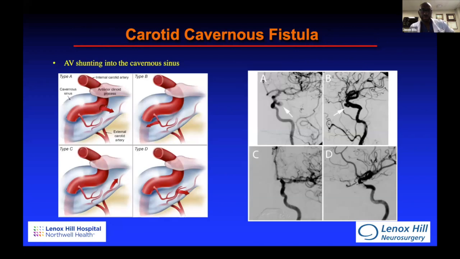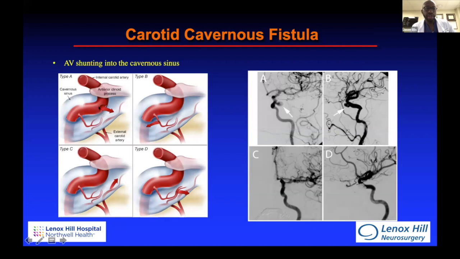Carotid cavernous fistula is a special type of dural arteriovenous fistula. There's AV shunting from the carotid artery system into the cavernous sinus. And there are really 4 types of CC or carotid cavernous fistula.